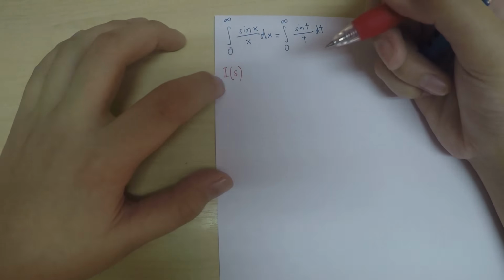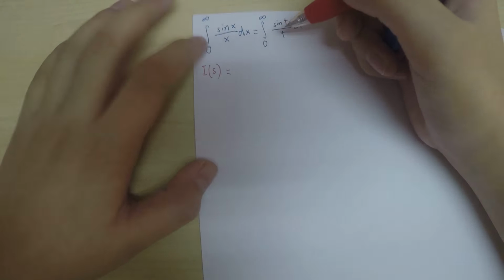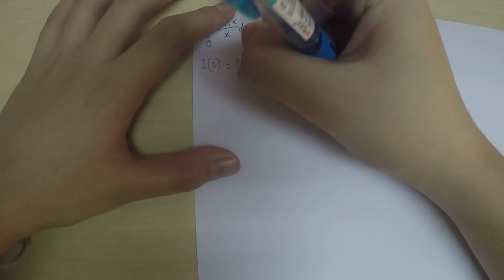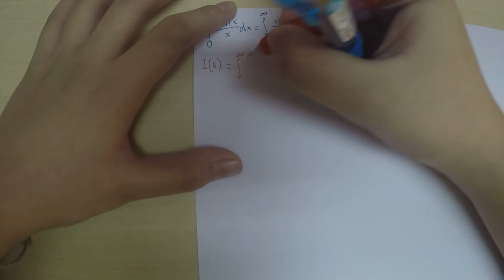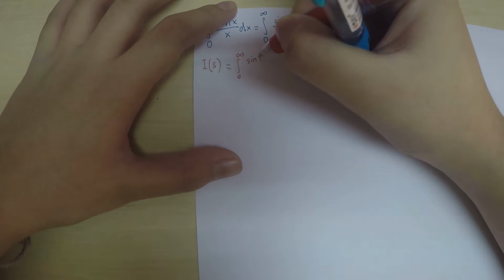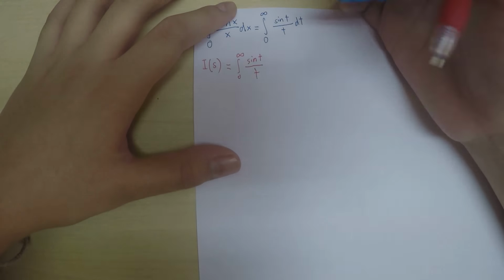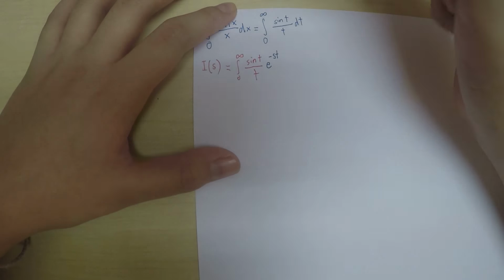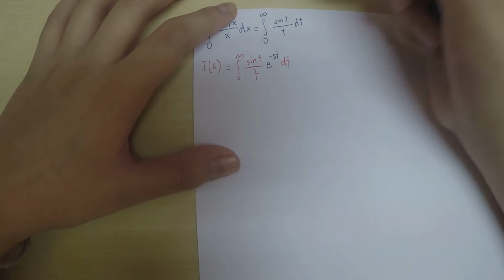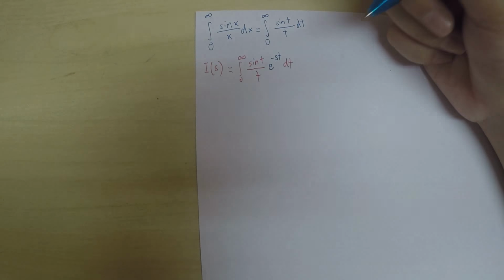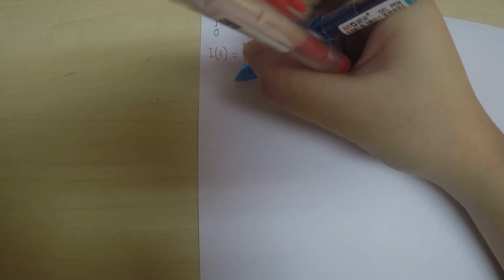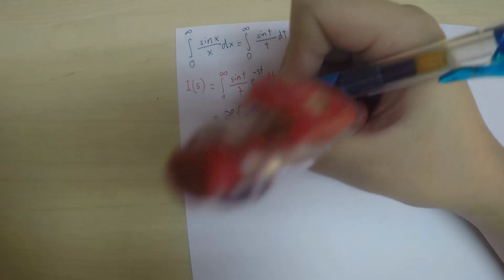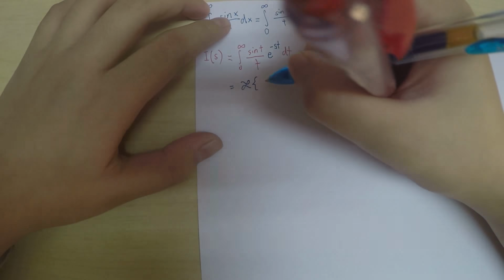I'll define I of s to be the integral from 0 to infinity of sin t over t times e to the negative st dt, and this is the Laplace transform of sin t over t.